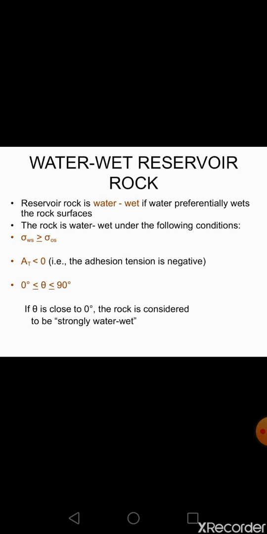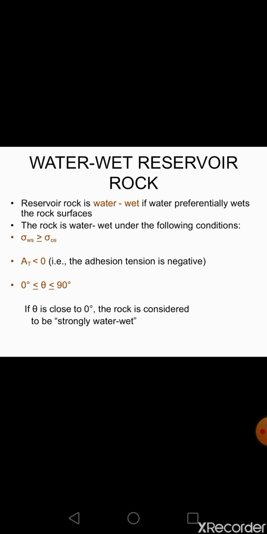Water wet reservoir rock. A reservoir rock is water wet if water preferentially wets the rock surface, means it prefers the water to wet. The rock is water wet under the following condition: sigma Ws, which is basically the surface tension between water and solid surface, is greater than or equal to sigma Os, the surface tension between oil and solid surface.